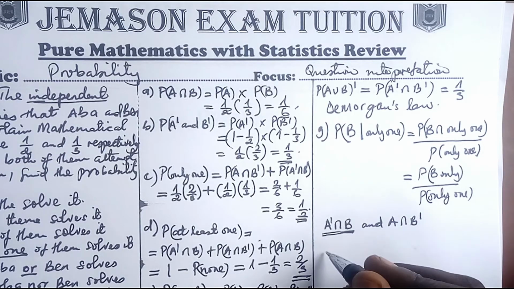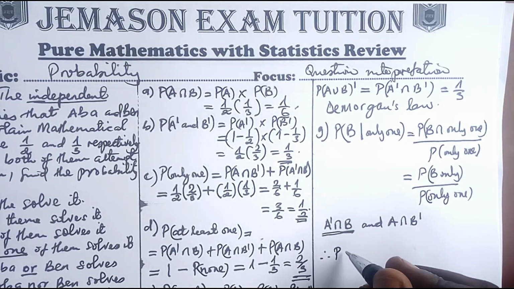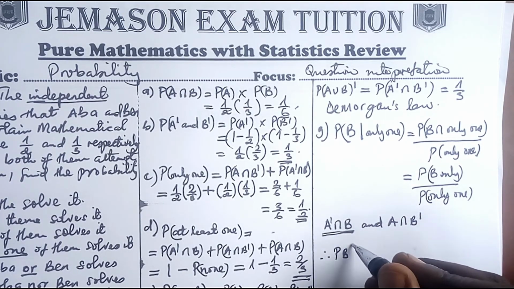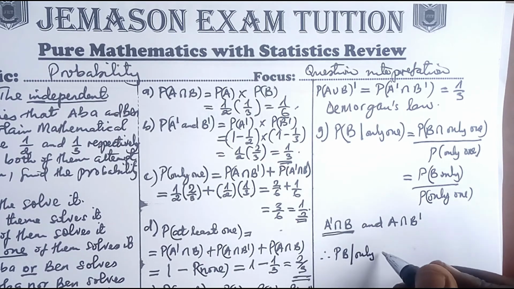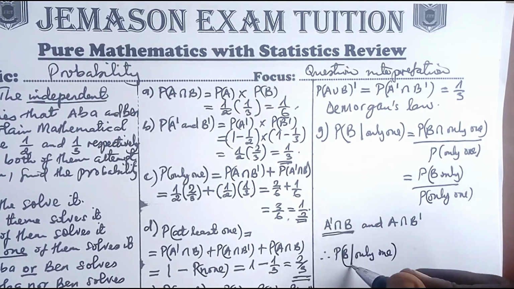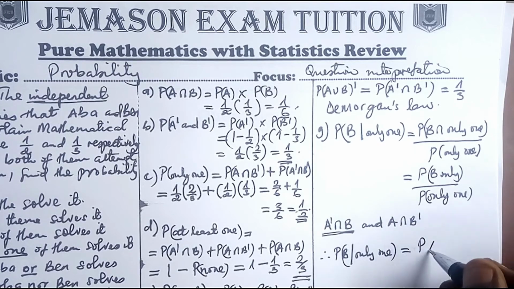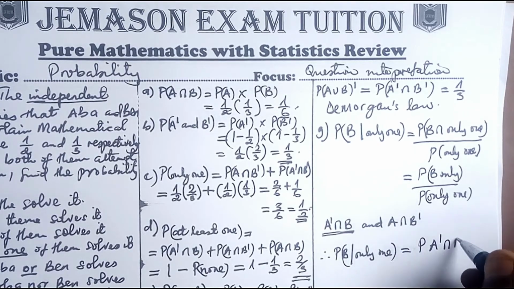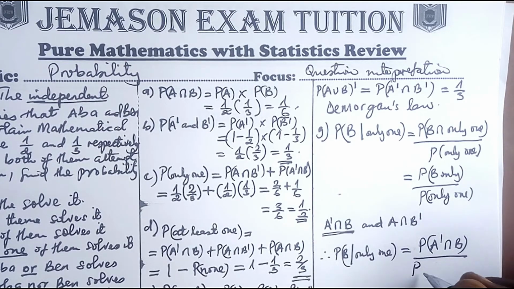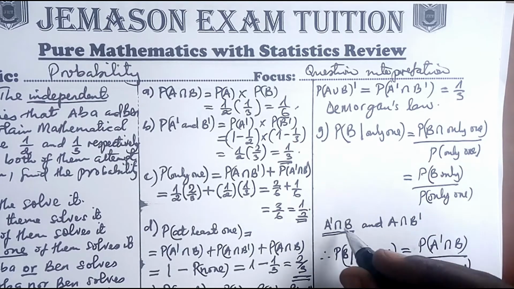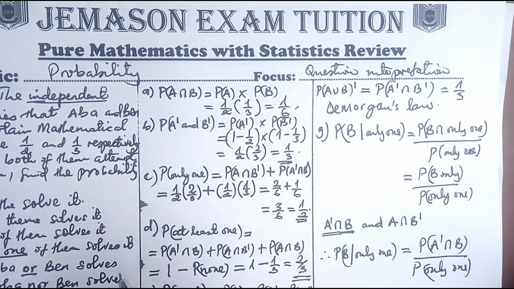So that is why we can now say that P of B given only one is simply P of A prime intersection B all over P of only one, which is the sum of these two, and we had it already.